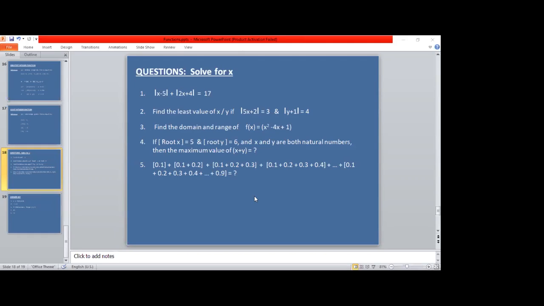You should also check for question 4. Unfortunately, check for 4 as well. You have to get the maximum value of x plus y. What you have found is the minimum value. Minus 61 is going to be the minimum value of x plus y, if x and y are both natural numbers.